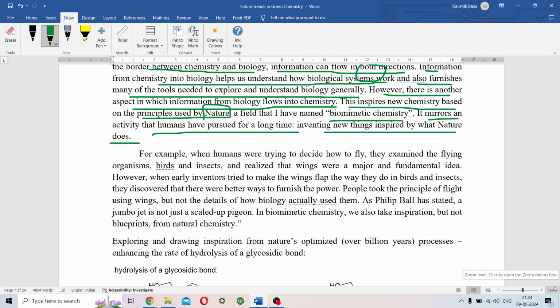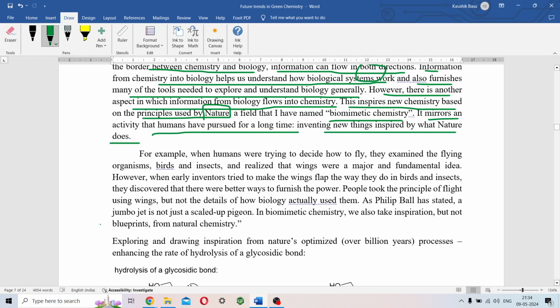But there is one important part which you must understand at the very outset when you are discussing biomimetic chemistry. You are learning from nature, you are learning the principles of the reaction, but what you are not doing is taking the blueprint of it.